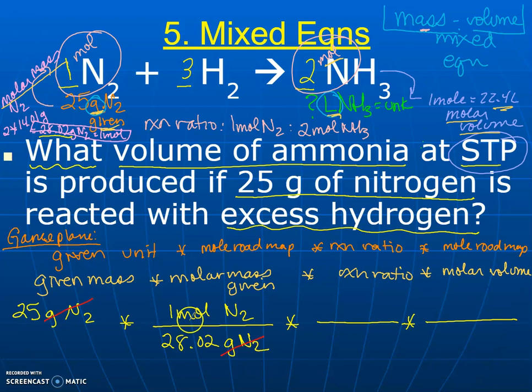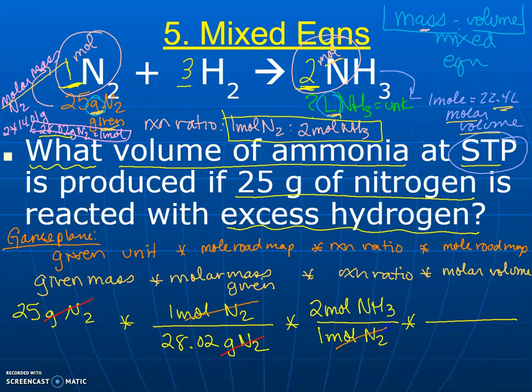Next, we end up using the reaction ratio, which is 1 mole of N2 for every 2 moles of NH3. That's what my balanced equation up here tells me. That's my recipe. If I have moles of N2 here, I put 1 mole of the given on the bottom, and I put 2 moles of NH3 up top.